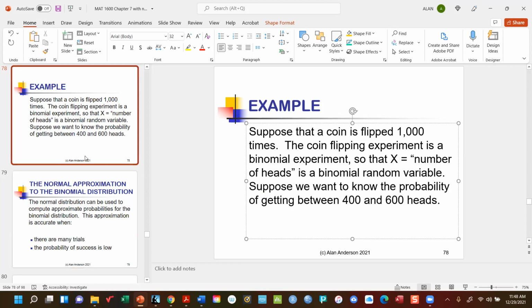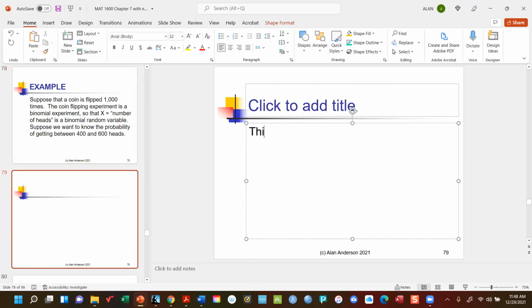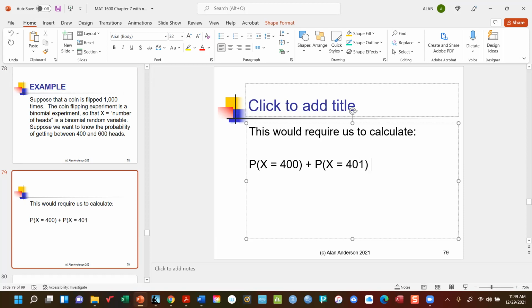Well, there's nothing to stop us from doing that. We can certainly do that, but this would require us to calculate the probability that x equals 400 plus 401 plus 402 plus... wow, that's a lot of calculations. So you can see that this could take a long time.